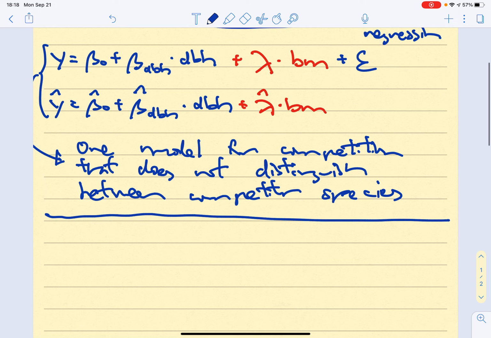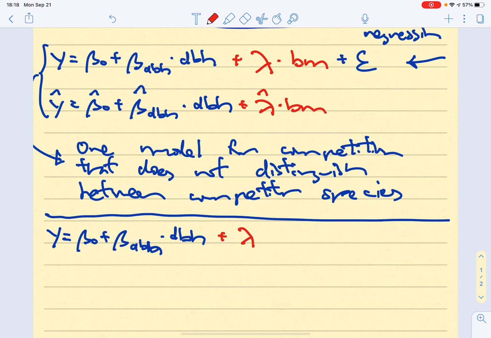Let's now write out a model like this one up here that does distinguish between competitor species. It's going to be similar. Y equals beta naught plus beta dBH times the dBH of that tree. But here is the change.